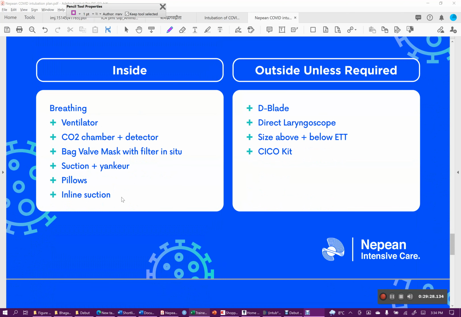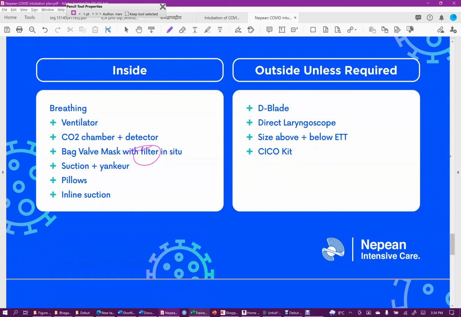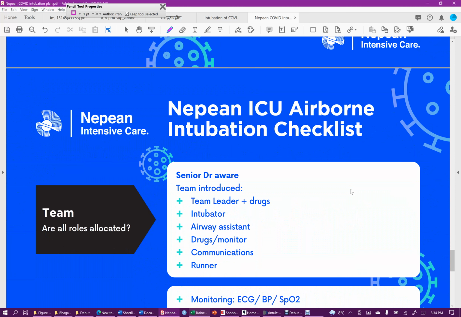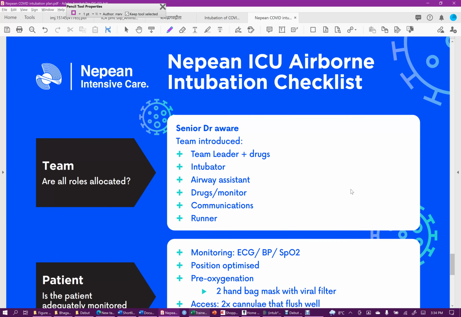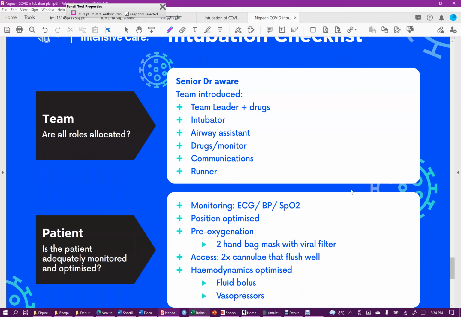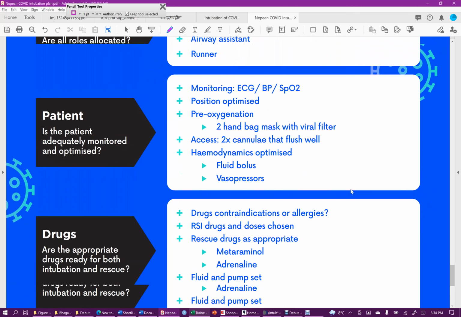Inside, all of these are exactly the same. The only difference could be that you might use a heat moisture exchanger with a viral filter. Then this is a checklist, just like how the Mayo Clinic has a checklist. We are using a slightly different variation of the checklist, but same thing.